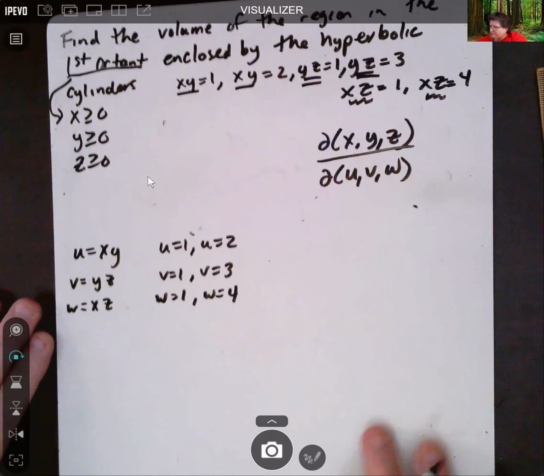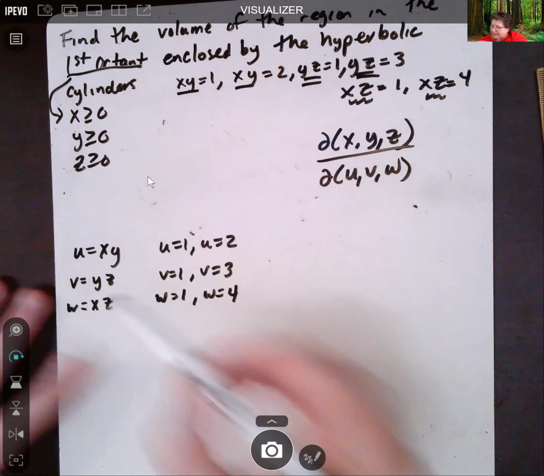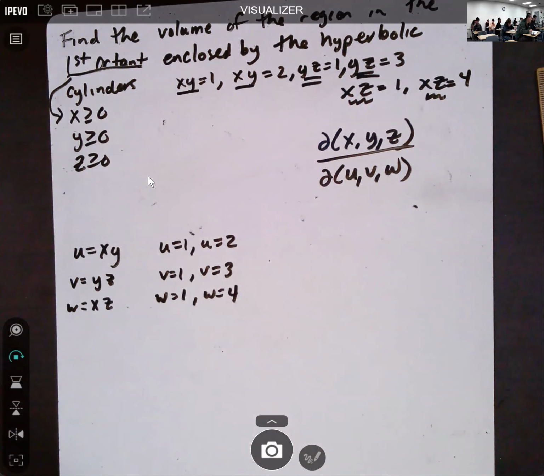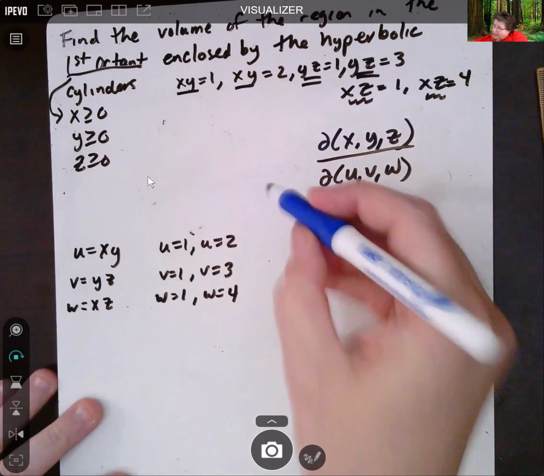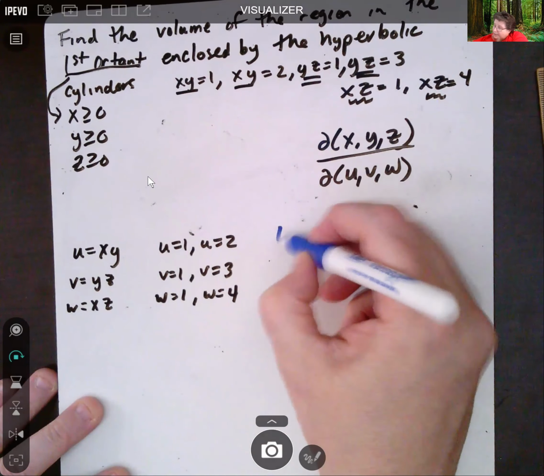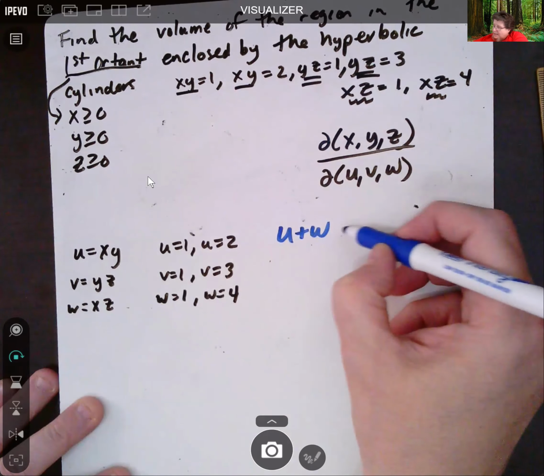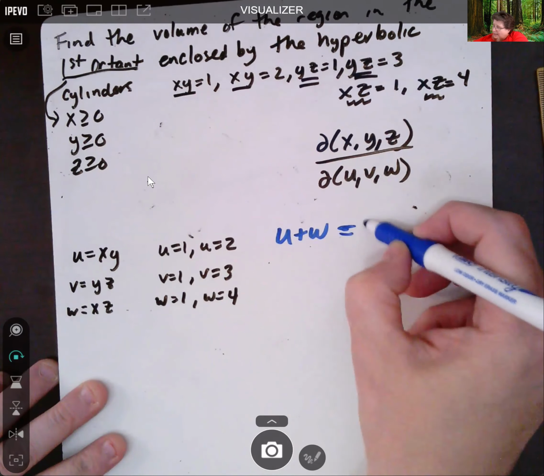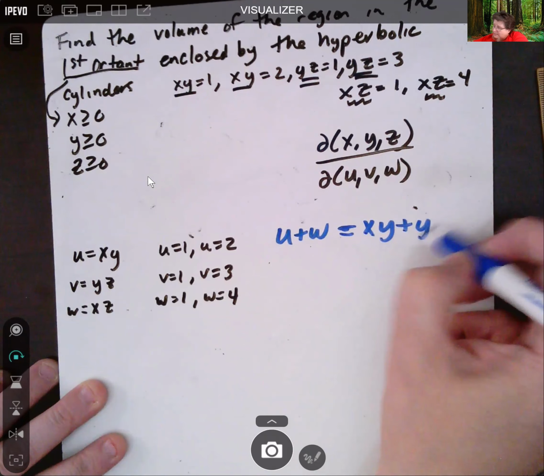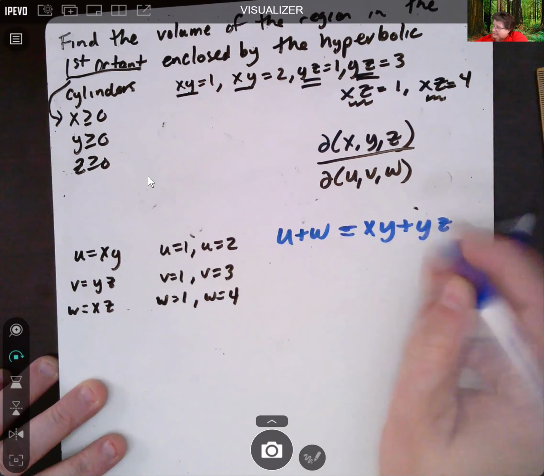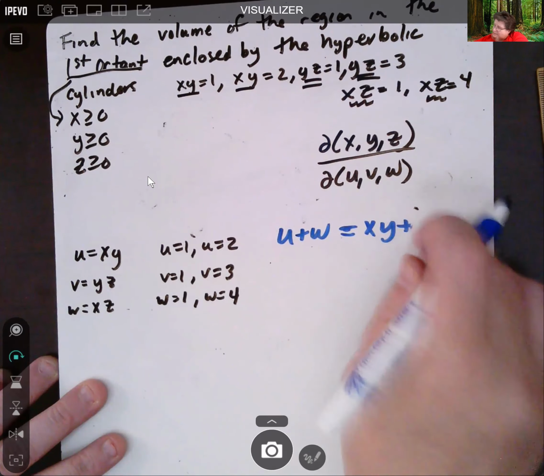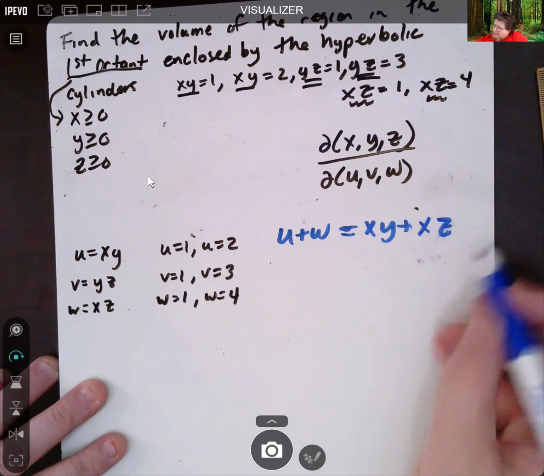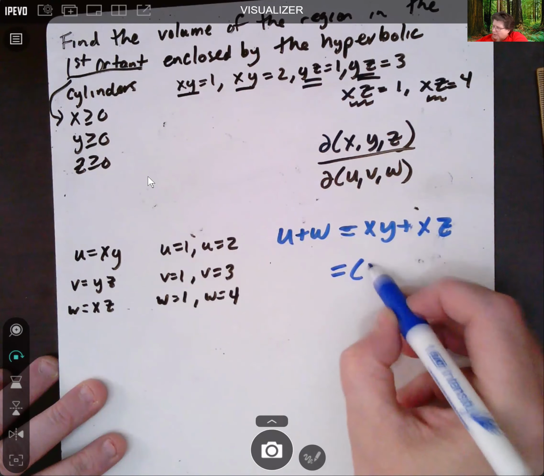So, if I try to get my x's together, let's try u plus w, and I would have xy plus xz, and that's going to give me x times y plus z.